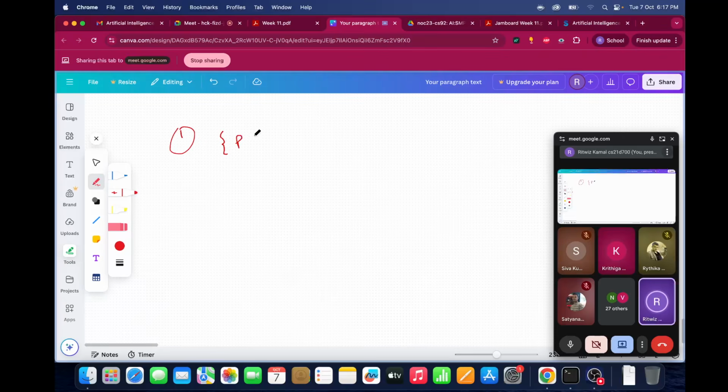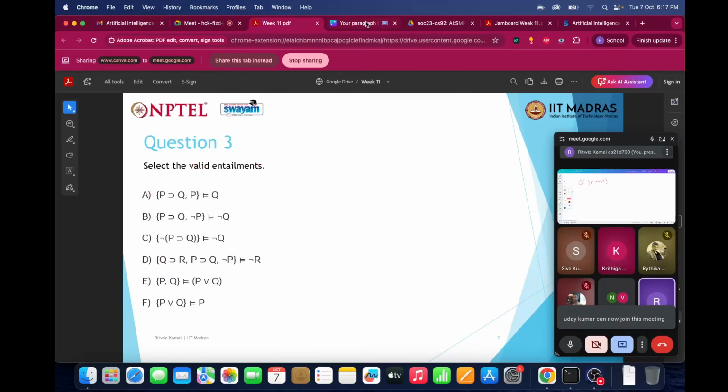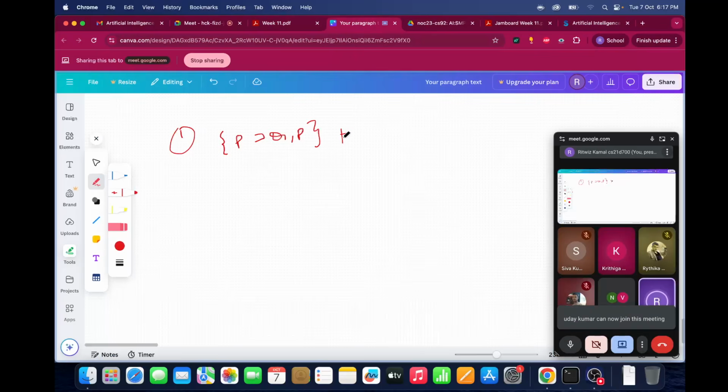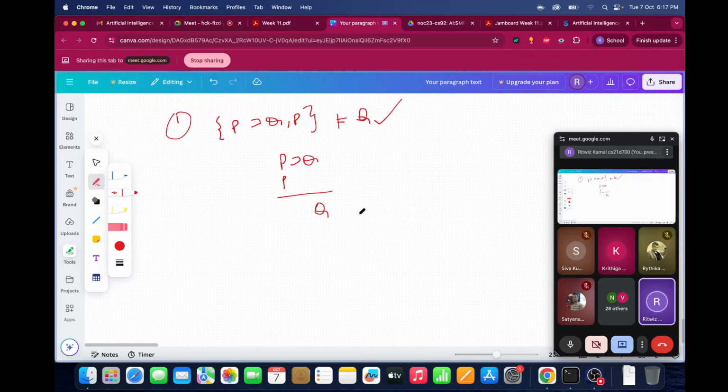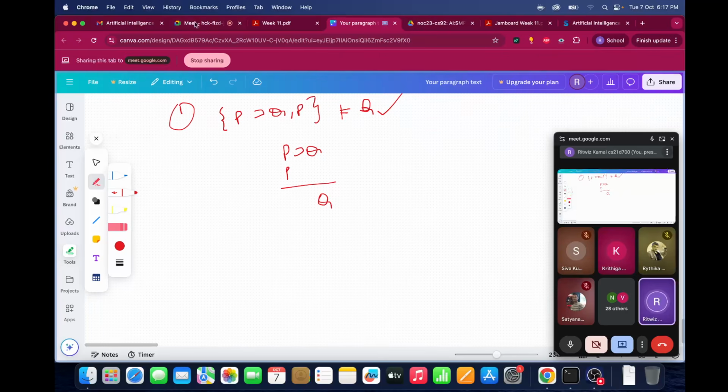Our knowledge base is P implies Q and P, and we are entailing Q. Okay, so we have P implies Q and P. By definition of P implies Q, we will get Q, right? So Q has to be entailed given this particular knowledge base, right? So the first one is in fact a valid entailment. Does everyone agree?